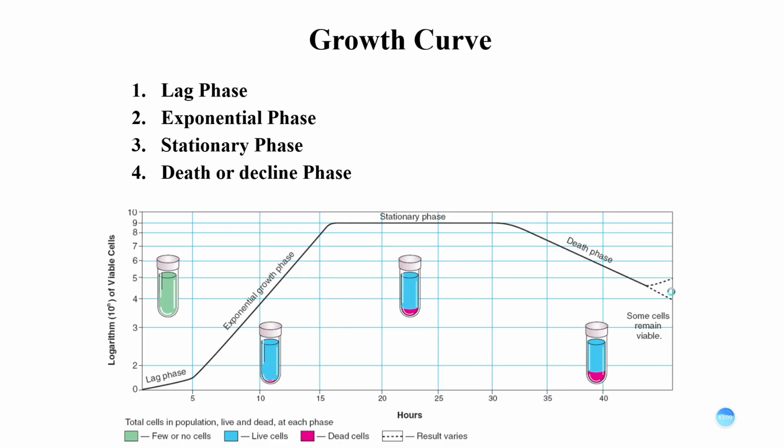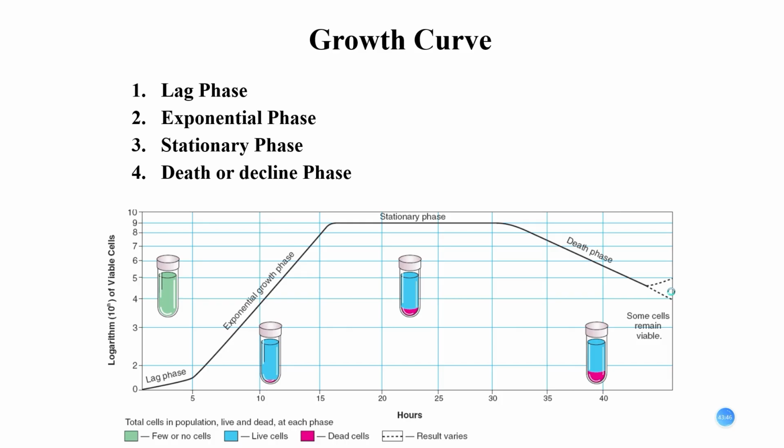In this growth curve, you will find that it can be further divided into 4 different phases. The first one is a lag phase. Then that's the exponential phase, or sometimes we call it log phase, L-O-G, log phase. Then it enters a stationary phase, a plateau for some time. After that, there is the decline phase or death phase.